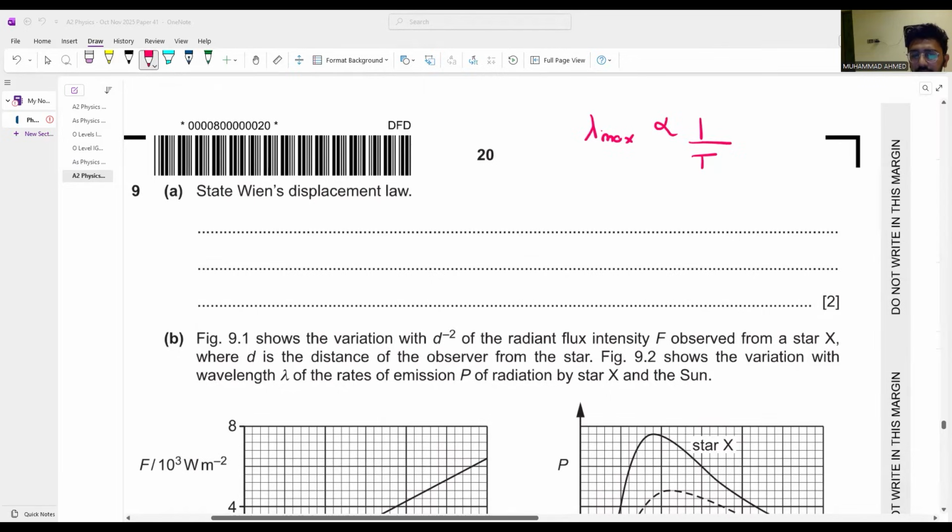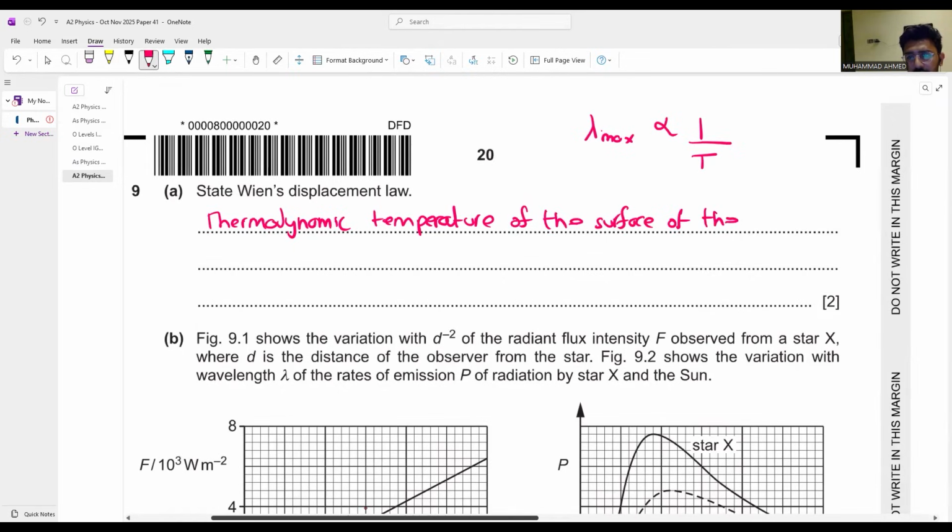You can say the thermodynamic temperature of the surface of the star is inversely proportional, to what?